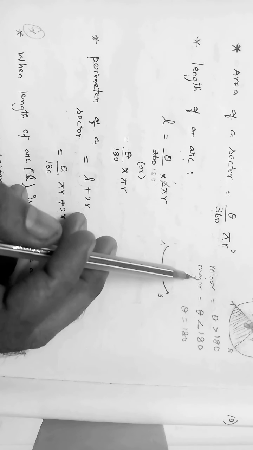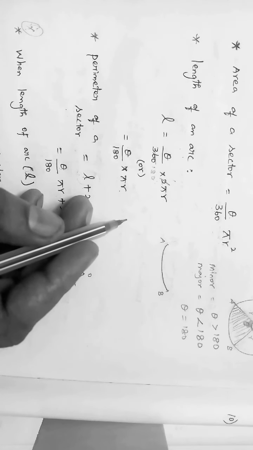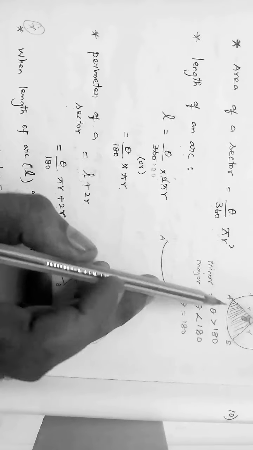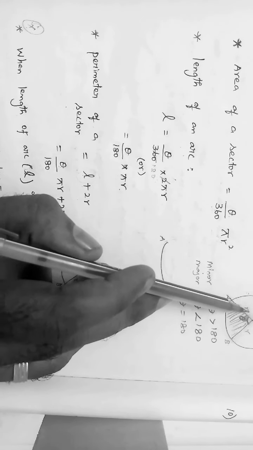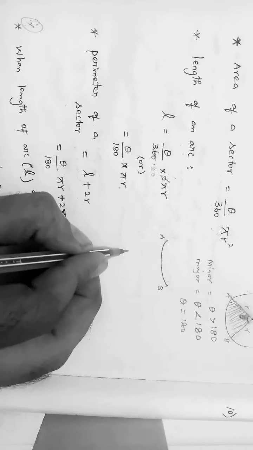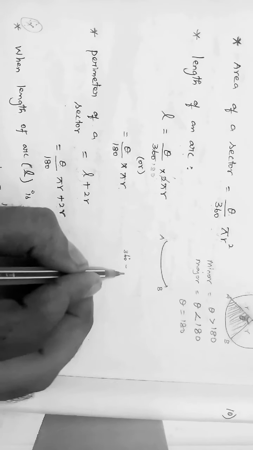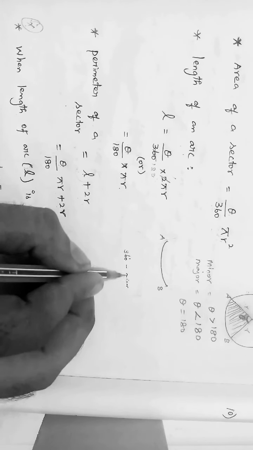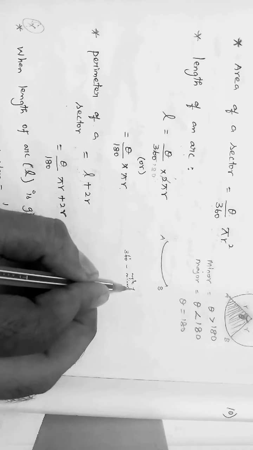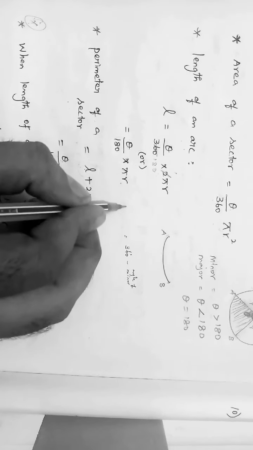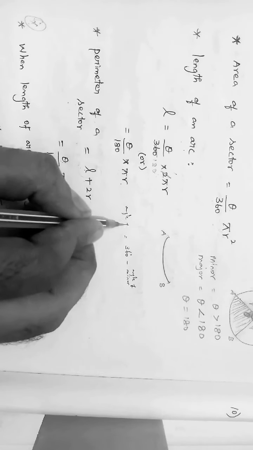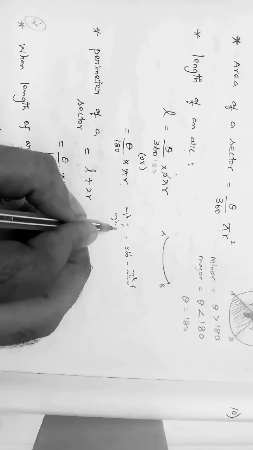It is very simple. They are giving the minor sector angle, so 360 minus the minor sector angle is equal to the angle of the major sector.